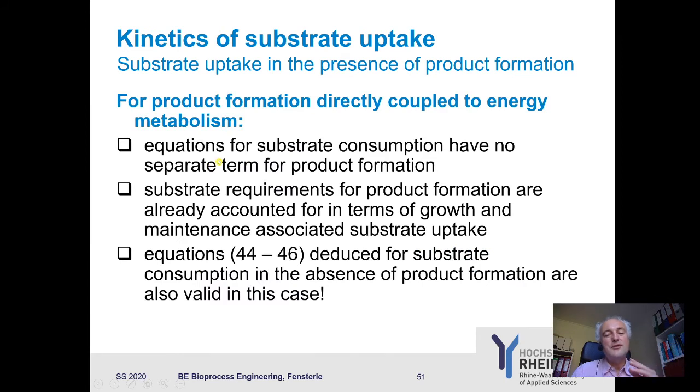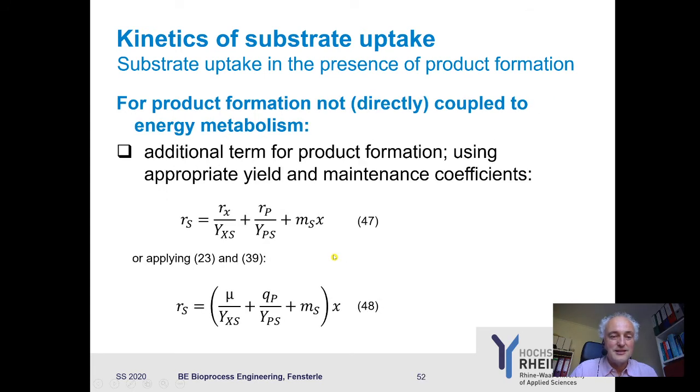And if I have a direct coupling to energy metabolism, again, this is what I said, you have no separate term for product formation. This comes from what we have shown before. The equations we have deduced for substrate consumption in the absence of product formation are, of course, also valid in this case. If I have not a direct coupling to energy metabolism, I remember I can always use the yield terms, and these are related to the rate terms, so I can write it like this.